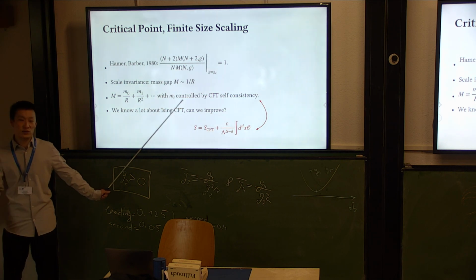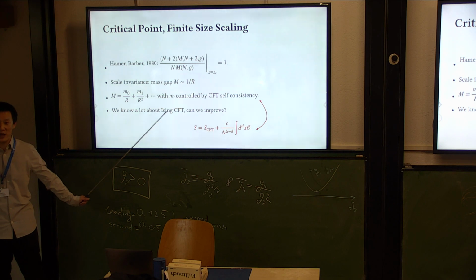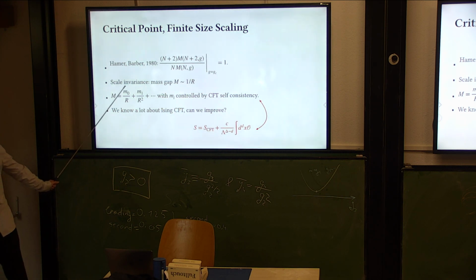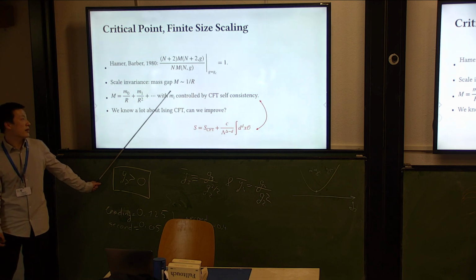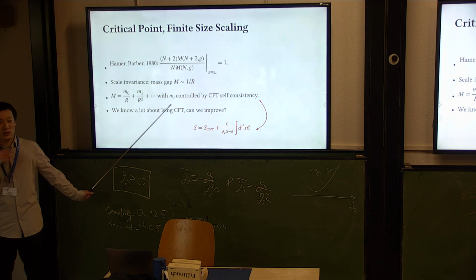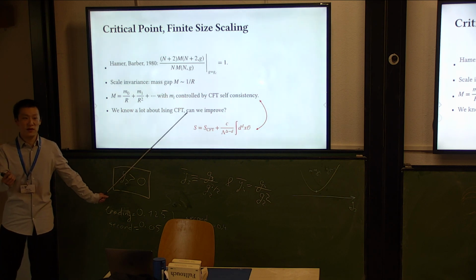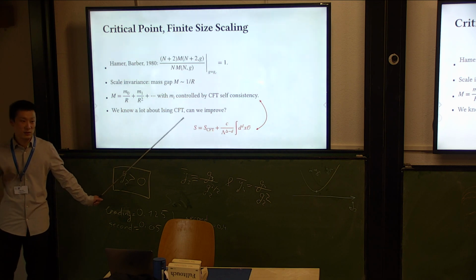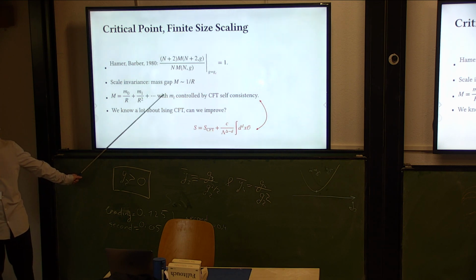Because we're never going to reach an infinite lattice, our gap would never be 0. But if we have scale invariance, then the mass gap will go roughly as 1 over r, with r being the volume of the circle. We're doing periodic boundary conditions, but yes, it will be some volume factor.